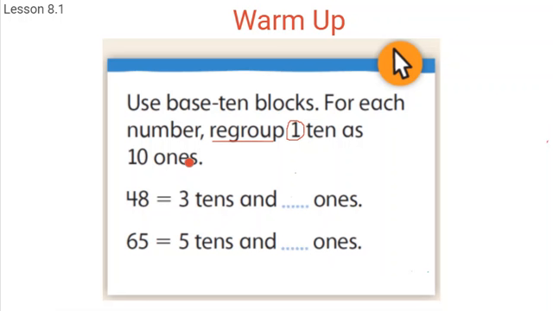You can use this method, or what I like doing is, I think I was showing you, so if I have 48 here, it says 3 tens, so wait a minute, I have 1, 2, 3, but I have 4 tens over here.